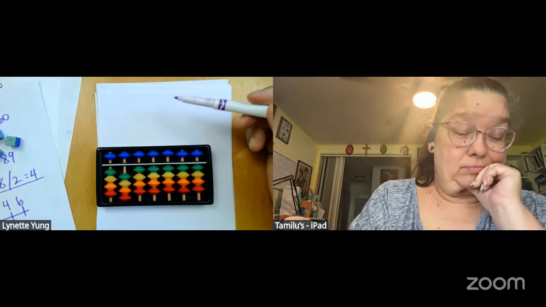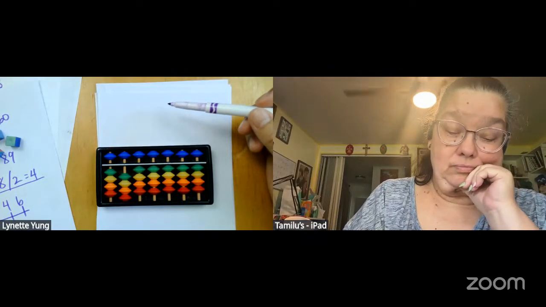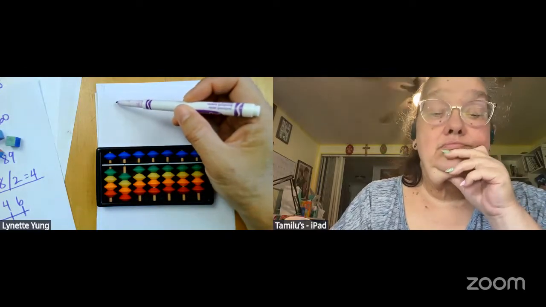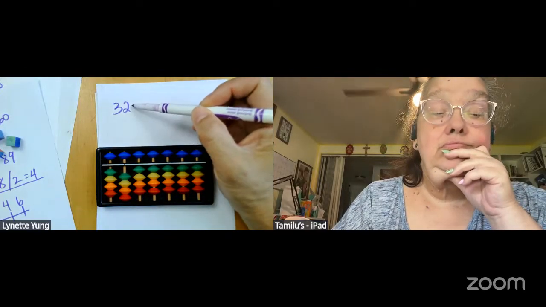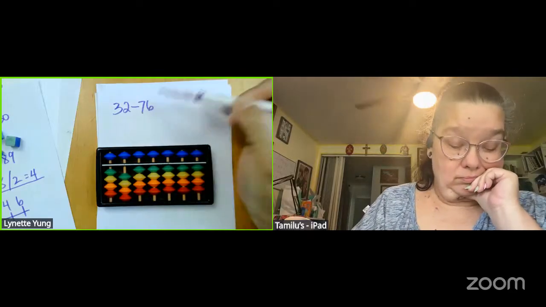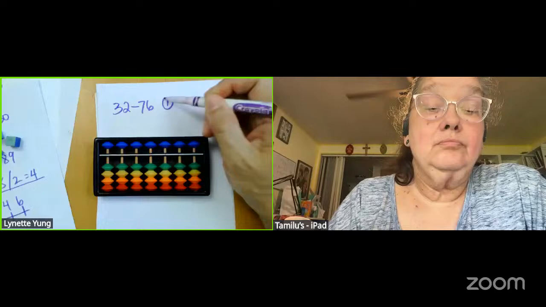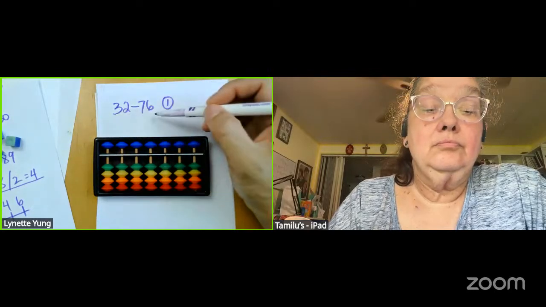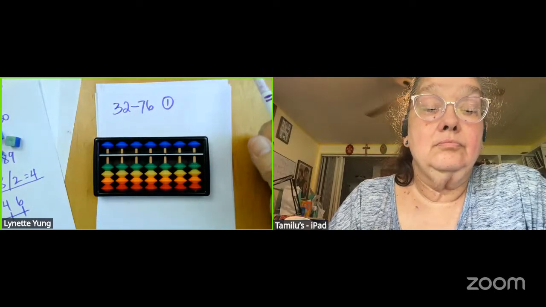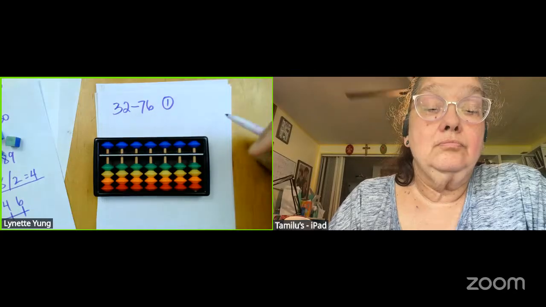Tell me what the question is. Well, why don't we do, what is the number that's halfway between 32 and 76? So 32, 76. One way would be to add the two distances together, so we have an accumulation, a total distance.